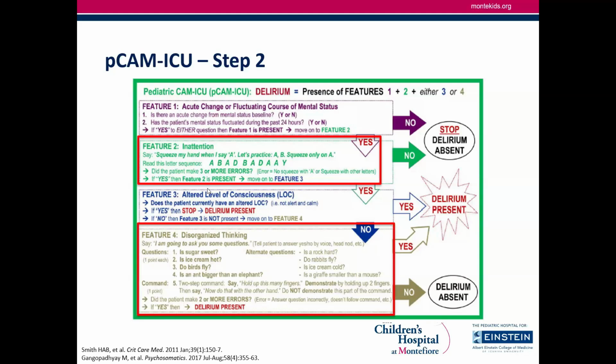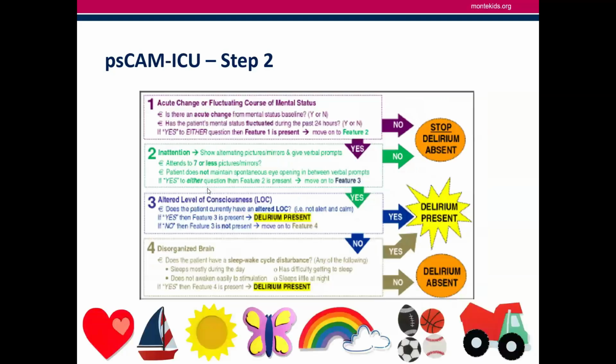And basically the patient would have to somehow respond, whether it be through a yes, no, or some other way that they're able to communicate that they're understanding these questions. If they're positive here, they would be positive for delirium. And then when we look at the PS-CAM ICU and the difference compared to the PCAM ICU, the main difference is just feature 2, the part on inattention.